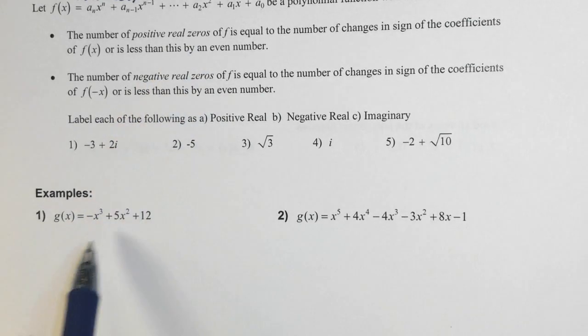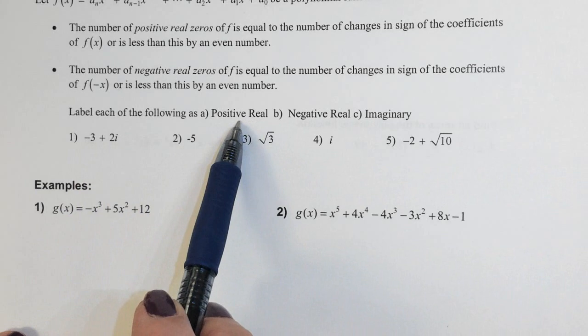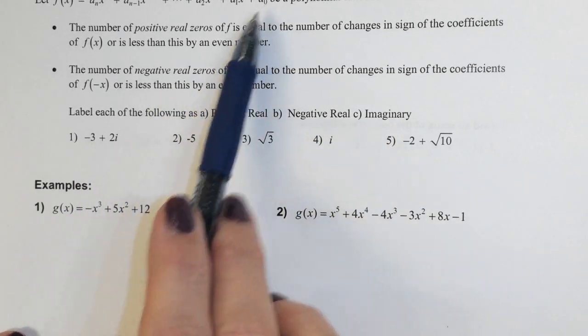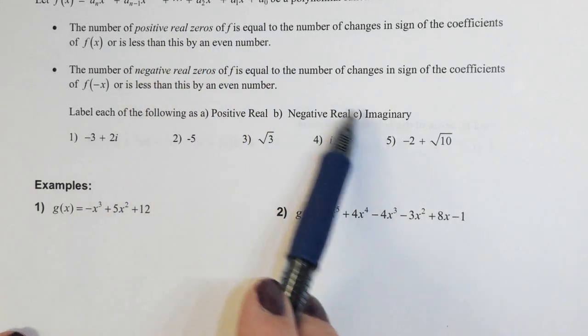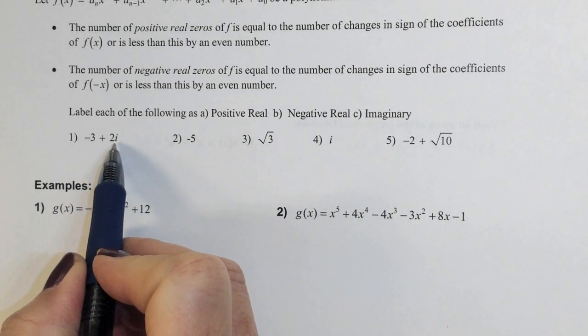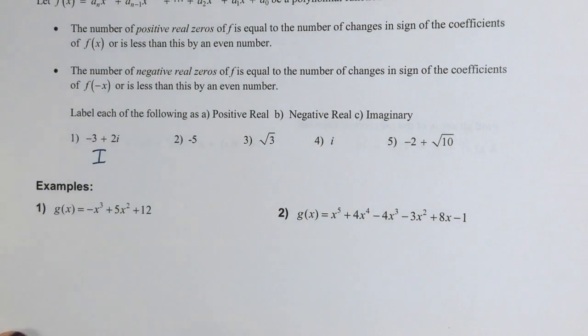Before we start looking at that pattern, I want us to think about whether these are going to be positive real, negative real, or imaginary solutions, because that's what this is going to be telling us about, whether we have a real zero or an imaginary zero. So this first one, negative 3 plus 2i, of course, that's going to be imaginary, it has an i in it.